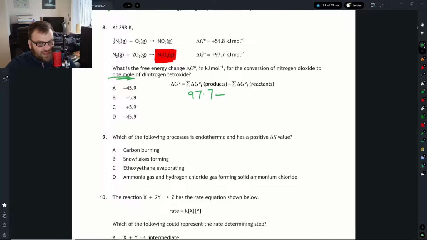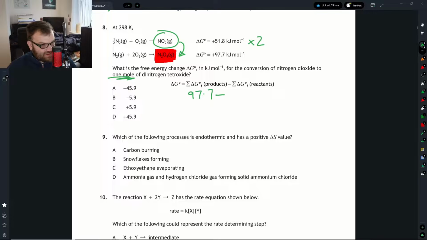If we look at our second equation, we are using nitrogen dioxide. If you look at how you would turn nitrogen dioxide into dinitrogen tetroxide, we're going to need to times that by 2 in order to get to the 2 nitrogens we need to make the dinitrogen tetroxide.